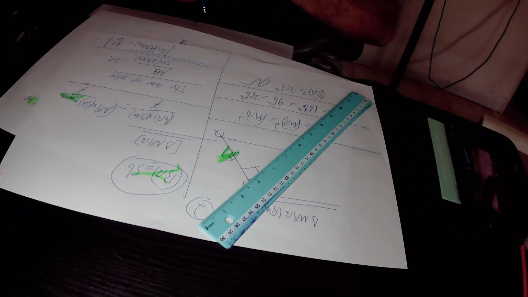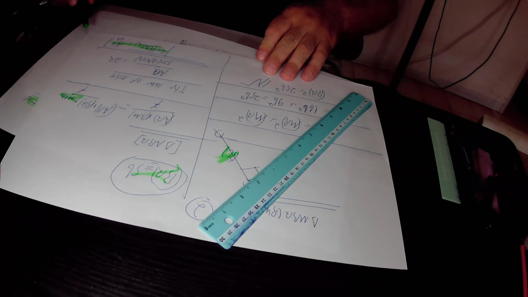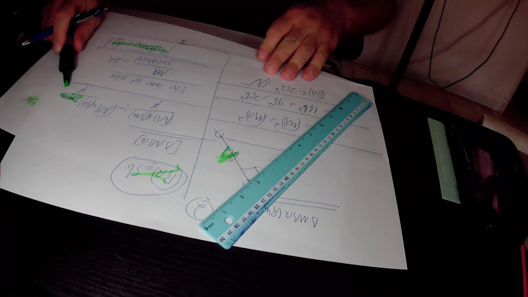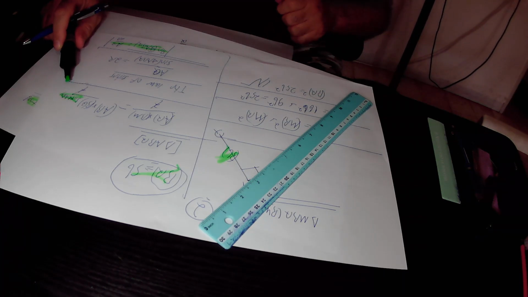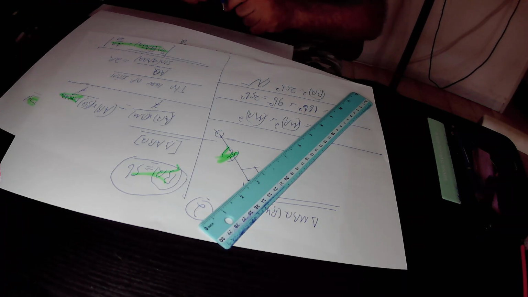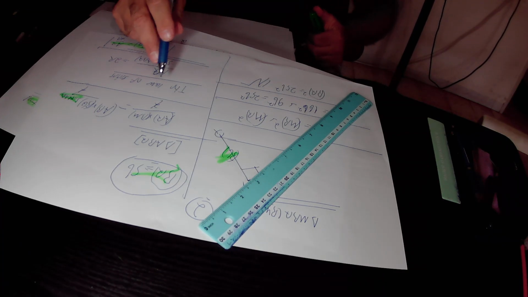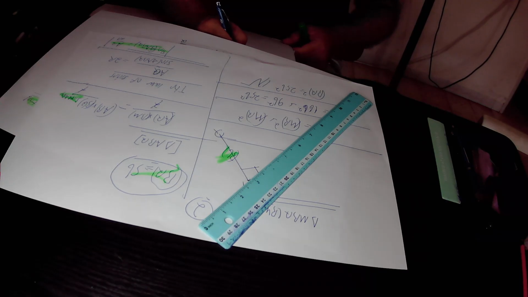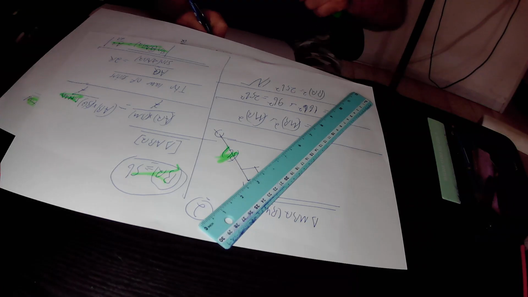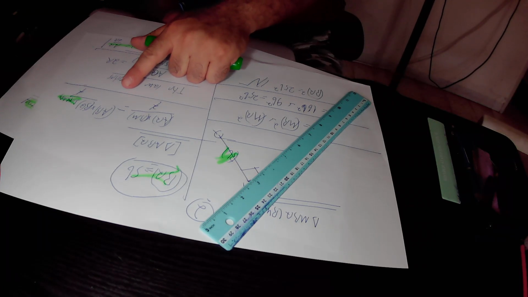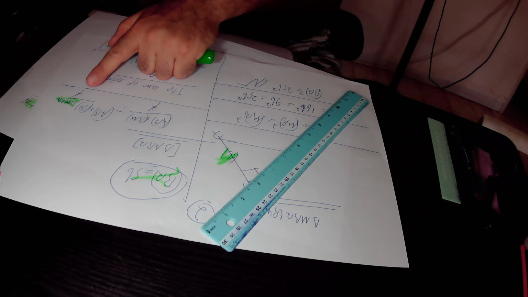And because sine angle ABQ equals AQ over 2R, it means that we can substitute sine angle ABQ in this equation by AQ over 2R. We'll do it now, and we get that AQ times BM equals AB times BQ times sine angle ABQ.